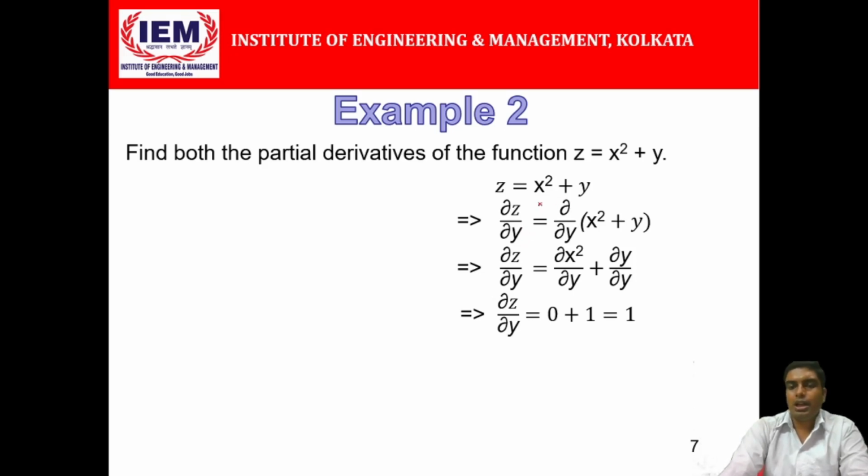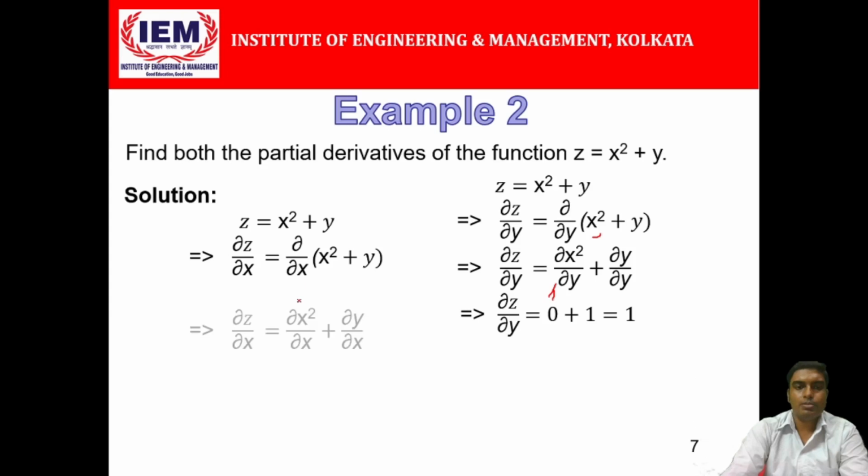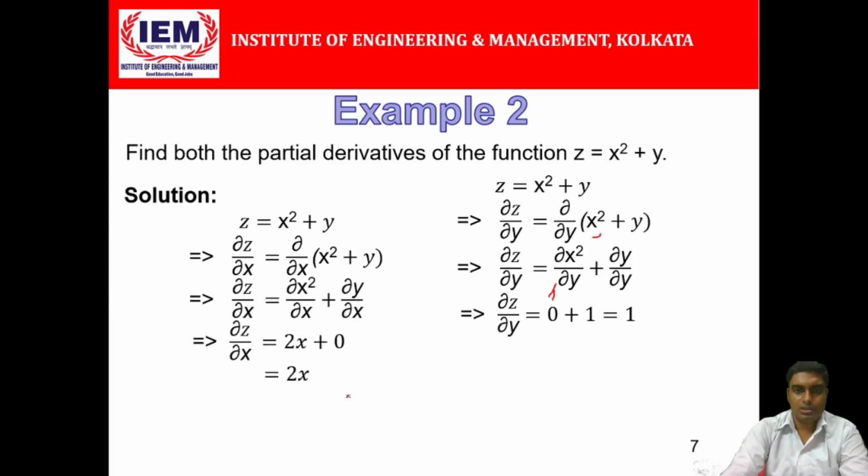Here I treat x as constant, so this term will be 0 and this term will be 1. Now in the case of the partial derivative with respect to x, y will be constant and x will be variable. Differentiating x square with respect to x gives 2x, so the result will be 2x.